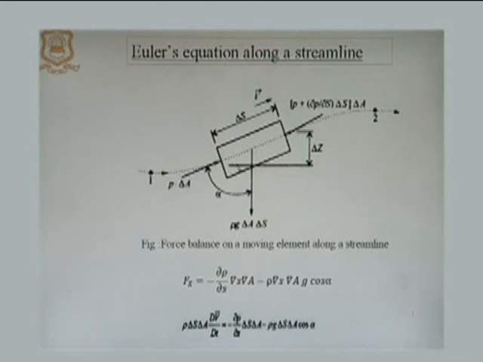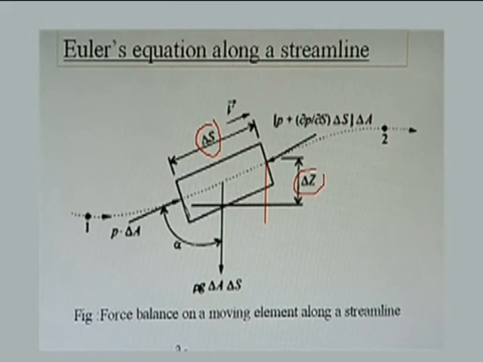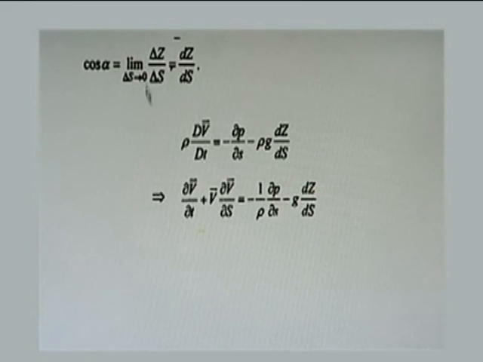If we want to replace this cos alpha, then with the help of trigonometry, we can relate cos alpha to delta z and delta s. If we draw a perpendicular here and a horizontal here, then this distance is delta s and this distance is delta z. So cos alpha may be written as limit delta s tends to 0 of delta z over delta s, which may be written as dz over ds.